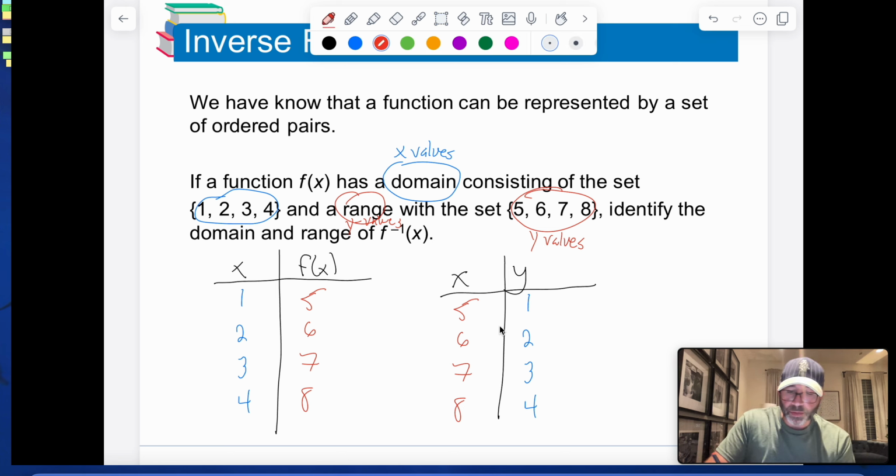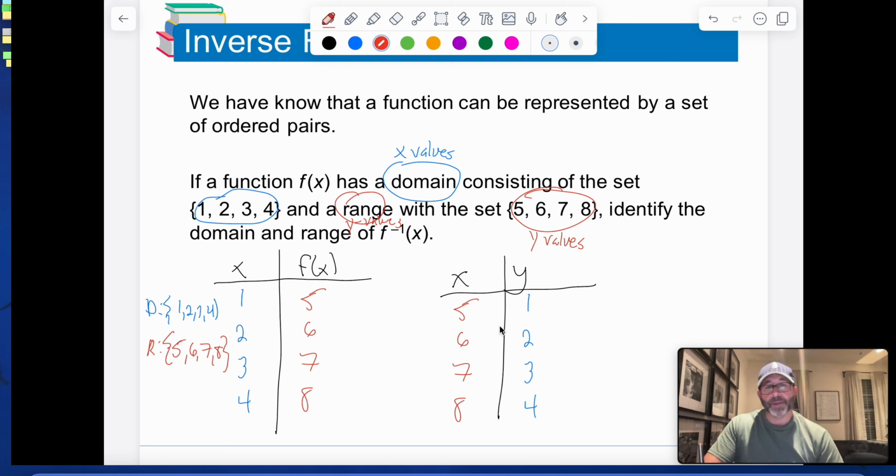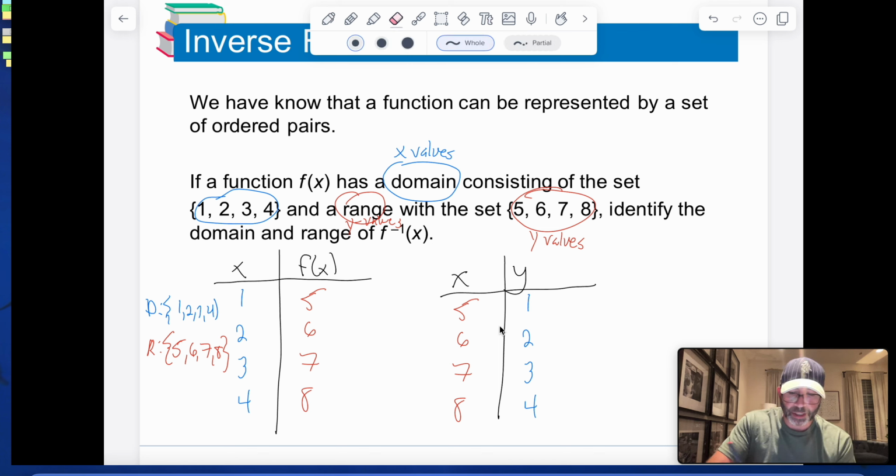And so when we look at the domain and the range, we talk about the domain and the range switching. The domain in this first one, sorry, let me rewrite this. The domain in this first one is 1, 2, 3, 4. Okay. And the range in this one is 5, 6, 7, 8. Okay. And then when we look at the new function, the inverse function, which, hang on, I got to change this. My apologies. This is supposed to say f of -1, x, not y, sorry.